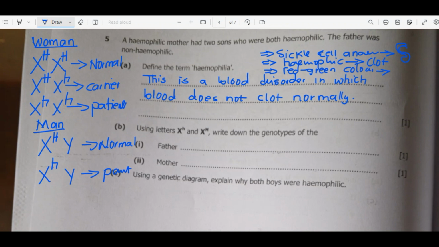Then for B, using letters XH and Xh, write down the genotype of the first one, the father.